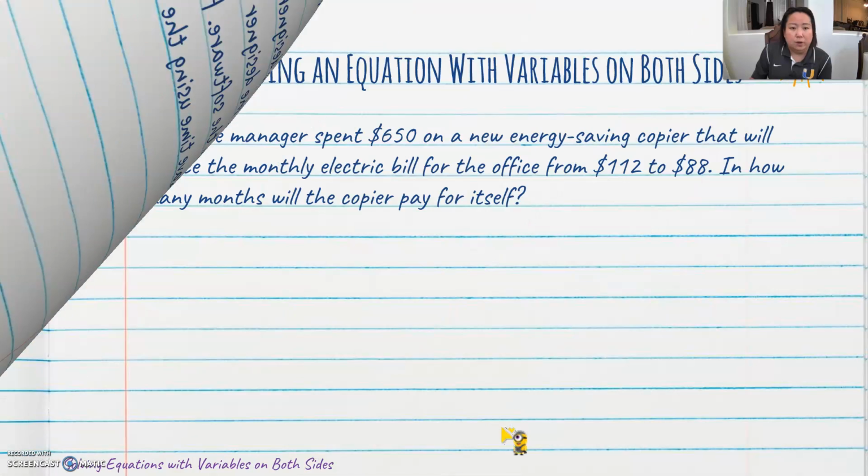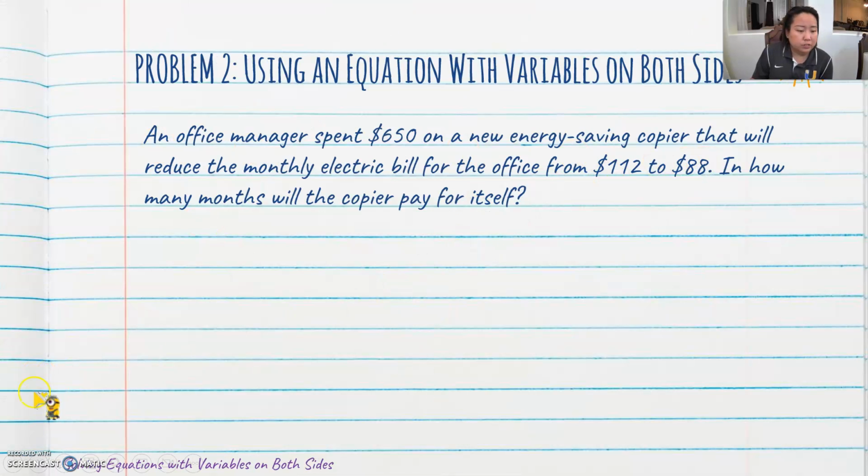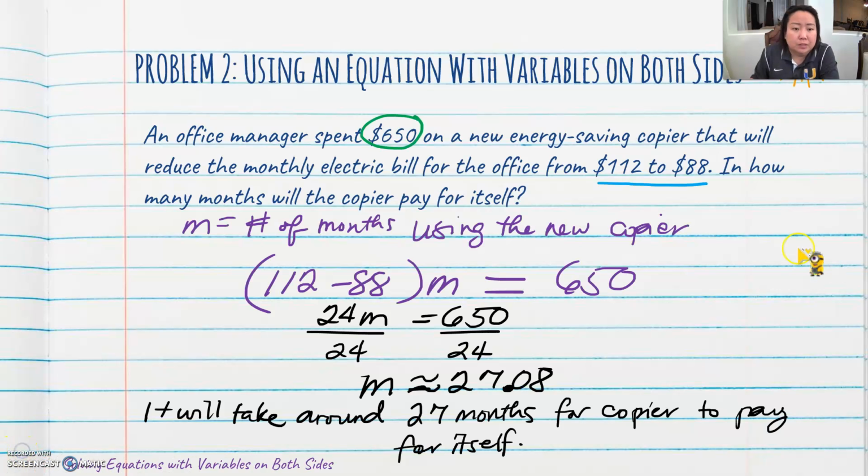All right, so you can try this one on your own as well. Go ahead, figure this one out. In this particular problem, you see that the spent amount is 650. The savings is from 112 to 88. So the question is, how many months will the copier pay for itself?